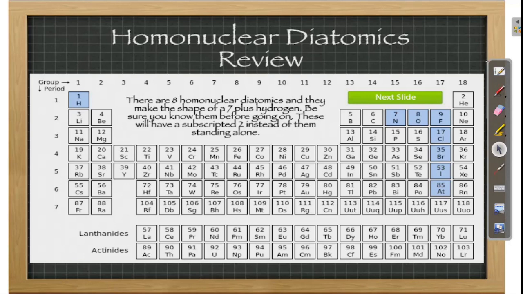Some people use different devices to remember things. It makes the shape of a 7. Those elements are in the shape of a 7, except for that hydrogen right there, if that helps you remember where they are. But remember that you need to know which ones are diatomics, because when you write chemical equations, you immediately have to put the subscript 2 to be able to balance the chemical equations and do your chemistry.